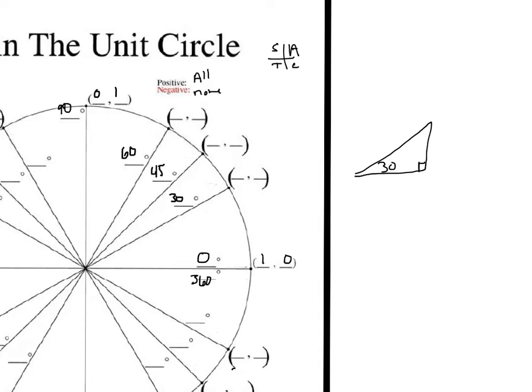Well, I know the side across from 30 is 1, makes that 60, so this is 2, and this is root 3. So if I want sine of 30 degrees, it would equal 1/2. And this same value is the same as the unit circle value for 30 degrees.